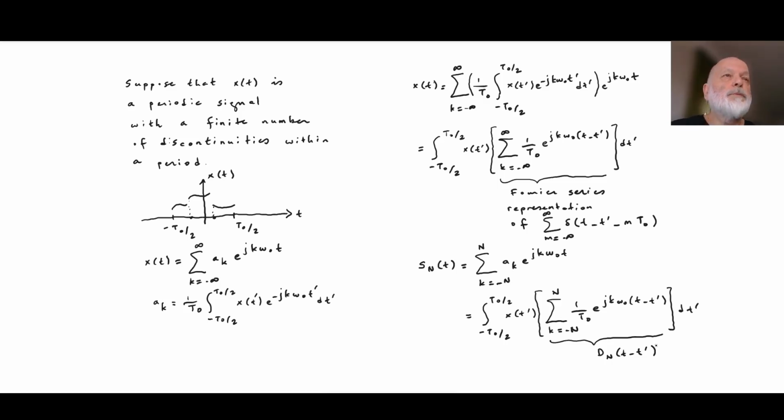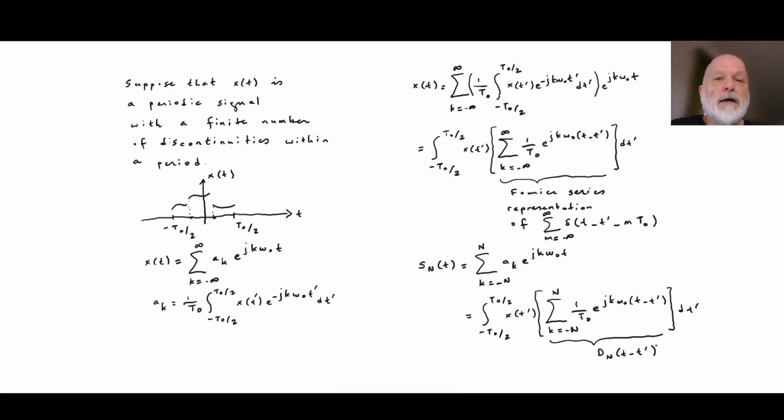And we have interpreted the action of the Dirichlet kernel as an approximation for the impulse, and the action as capital N tends to infinity will be exactly the same as the action of the impulse.